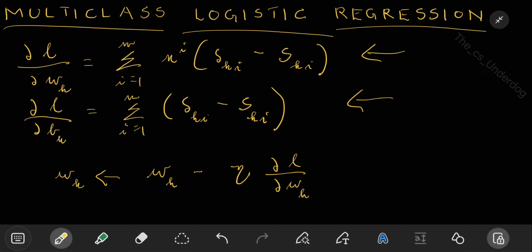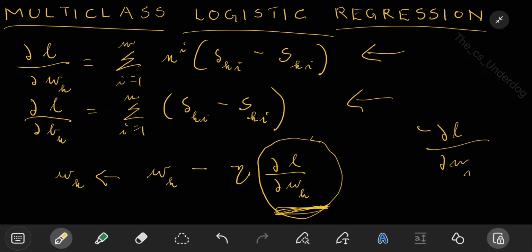So you can solve either way. The only difference is that when you take the negative of log likelihood, this equation stands; this negative came from the negative of log likelihood. But here, because you are not taking the negative, you will directly put plus. Both work. In the previous logistic regression lecture we used minus because we took the negative of log likelihood and minimized it.